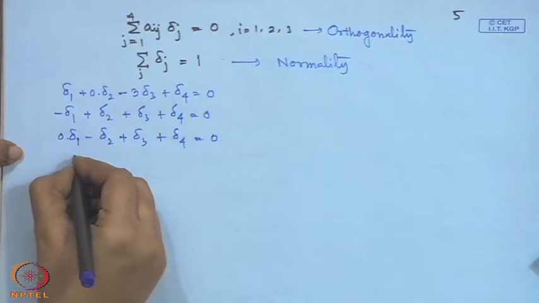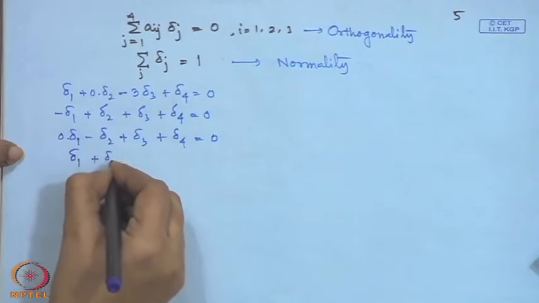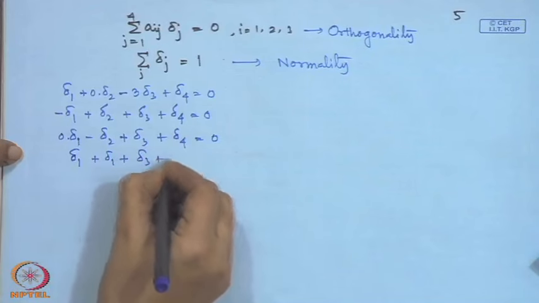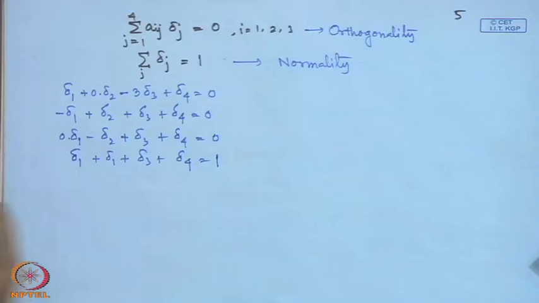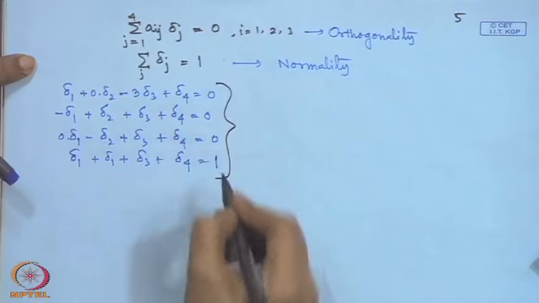And we will consider the normality condition, that is delta 1 plus delta 2 plus delta 3 plus delta 4 equal to 1. Thus, we are having 4 equations and 4 unknowns.